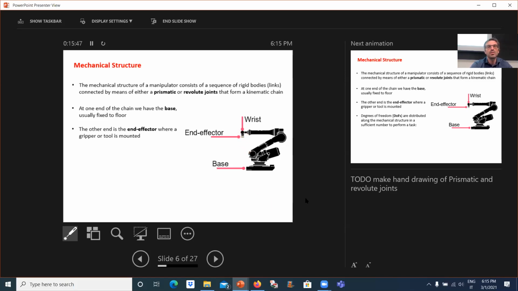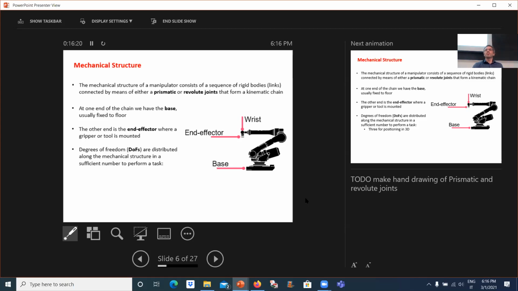That is the location where you normally mount the gripper, or the part that you use to perform some operation like machining, stuff like that. Then the degrees of freedom are the degrees of mobility of this robot. And they are normally distributed in the mechanical structure in a sufficient way to perform a task.